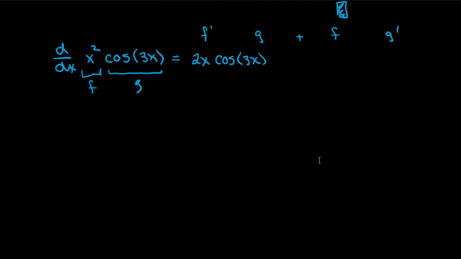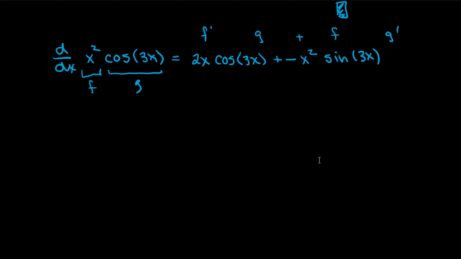Remember to bring the plus down. Then it says here I want to just copy down f. So I'm going to put down an x squared. Then I have to take the derivative of g. Well, that's the derivative of cosine of 3x. That's going to be a chain rule. The derivative of cosine is going to be negative sine of 3x.